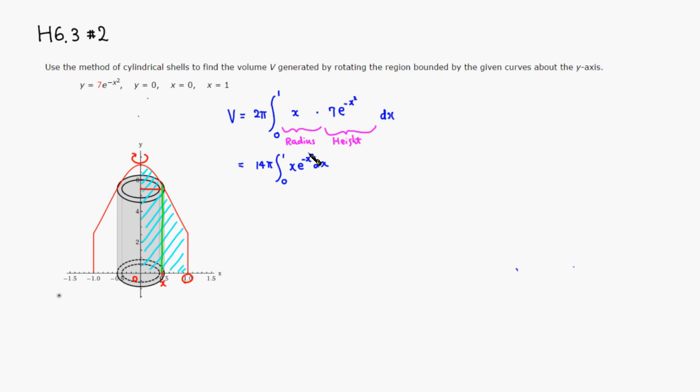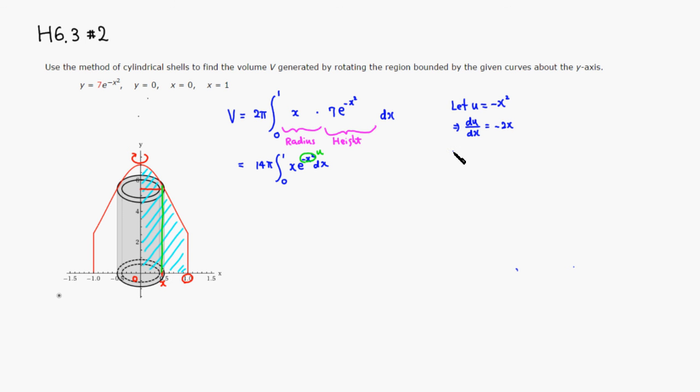Let's do a substitution. I'm going to let u be negative x squared, to simplify this. Then we take the derivative: du over dx is equal to negative 2x.